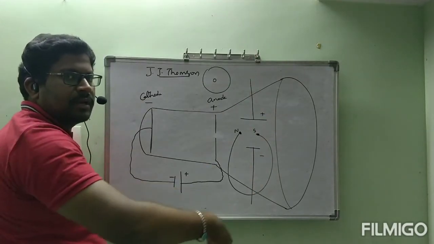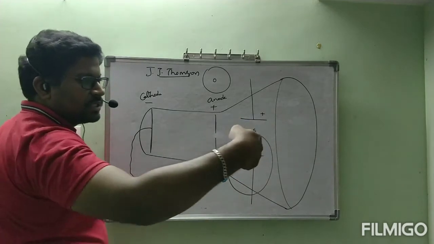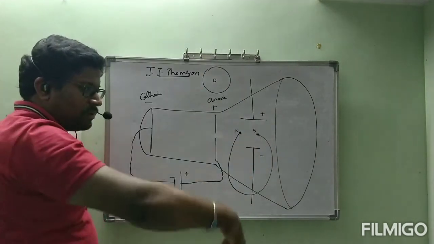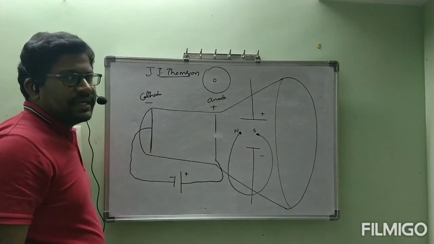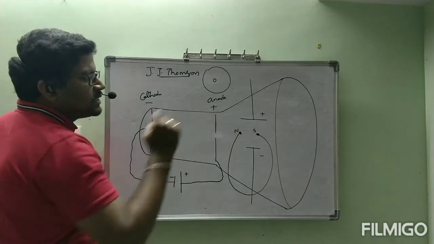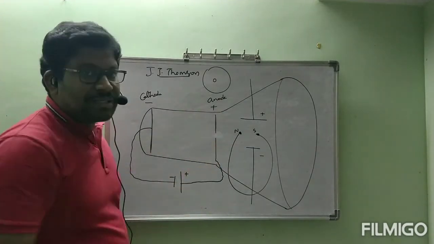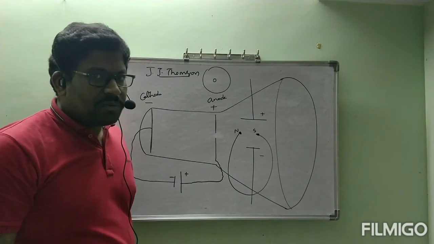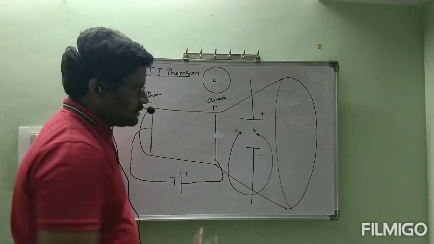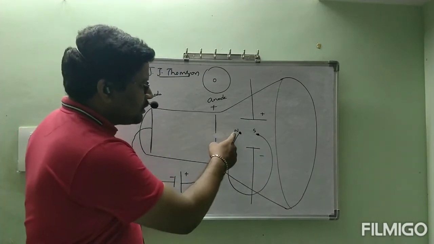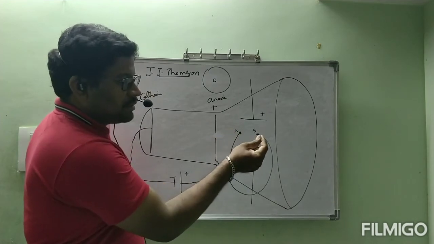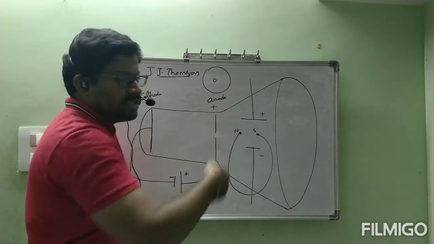Okay, ma? Both are perpendicular to each other, angled at 90 degrees. Like this it is applied. Actually this is 3-dimensional. It is not possible to show on the board. That's why I have drawn it like this. Imagine this north pole is here, and the south pole is inside the board.